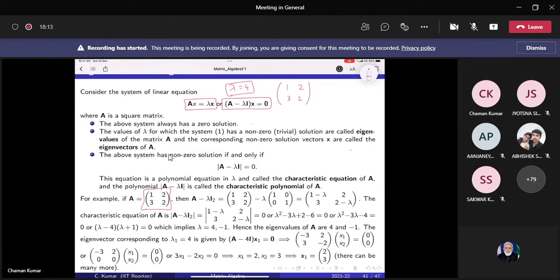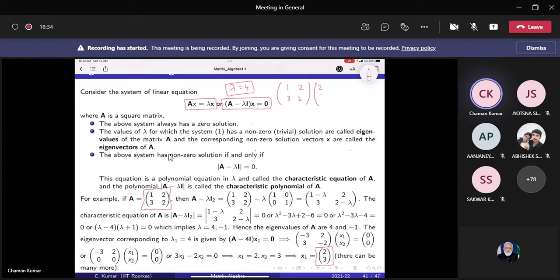So I was discussing the geometric interpretation of eigenvalues and eigenvectors. If I take lambda equal to 4, then we have seen that the eigenvector is (2, 3). On the left-hand side you have Ax.